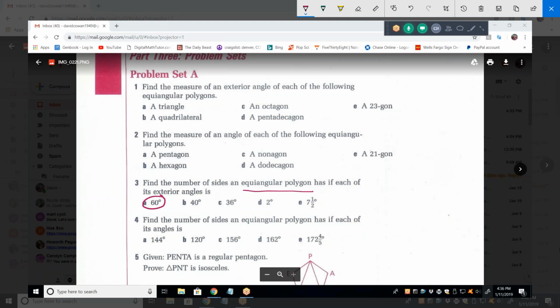So if one of them is 60, how many sides does that thing have? Oh, 6, so it's a hexagon. The next one: 360 divided by 40. It's 9, so that's a nonagon. Okay. So you get the picture on these.